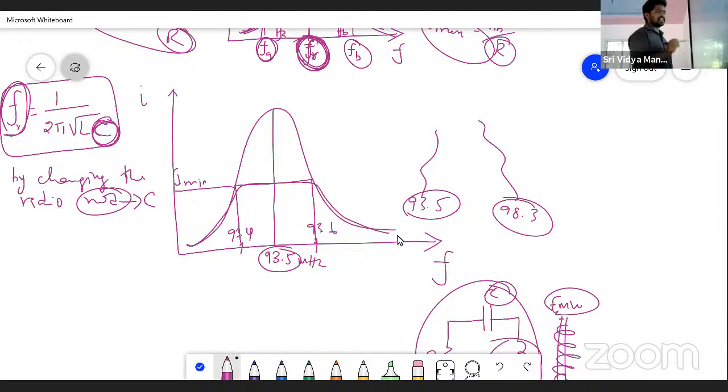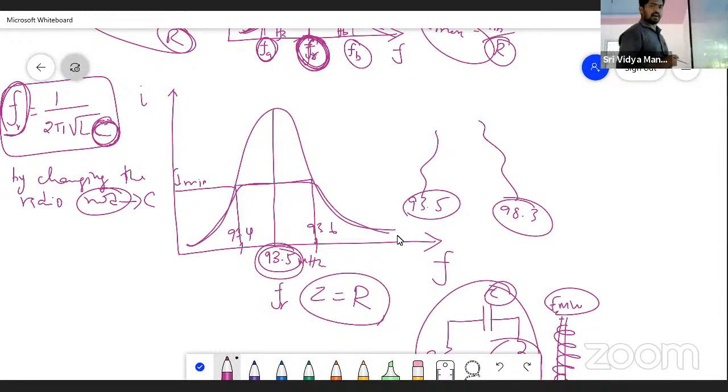When 93.5 MHz is reached, that is called the resonance frequency. The Z value is reduced to R, so the overall impedance of the circuit decreases.